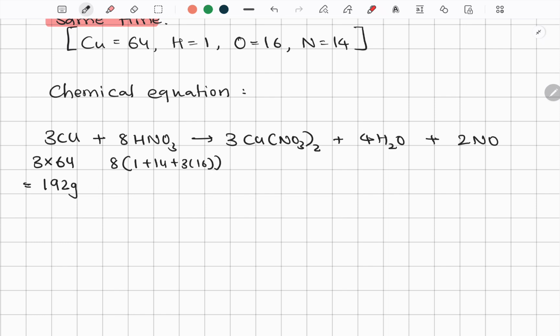When you calculate this part, it becomes 8 into 63, which is equal to 504 gram. The nitric oxide will be 2 into (nitrogen is 14, oxygen is 16), together it's 30. So 2 into 30 would be equal to 60 gram.